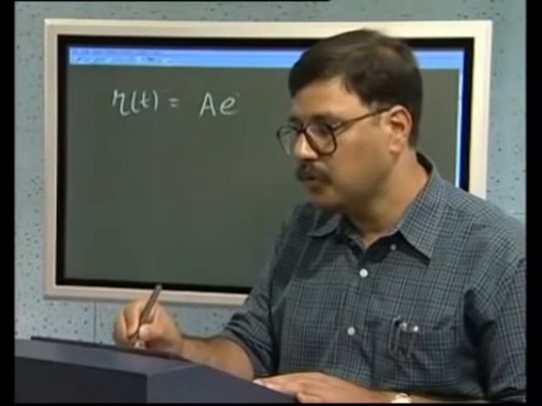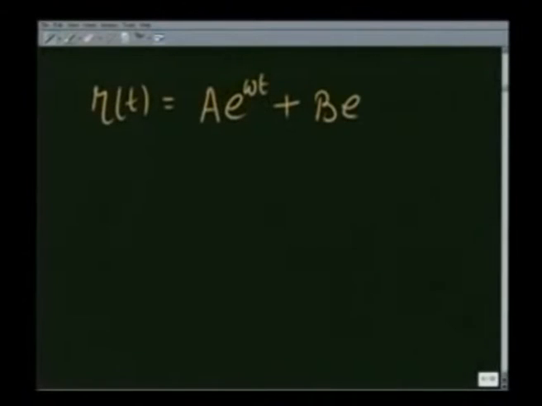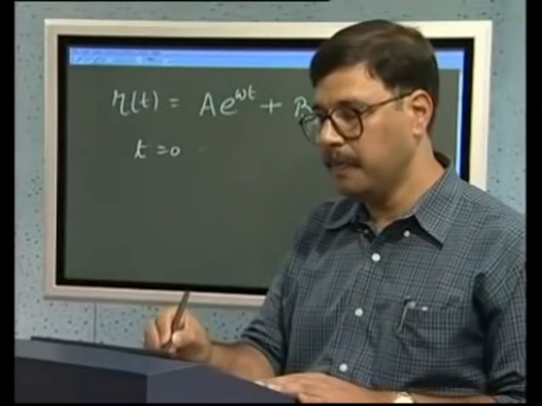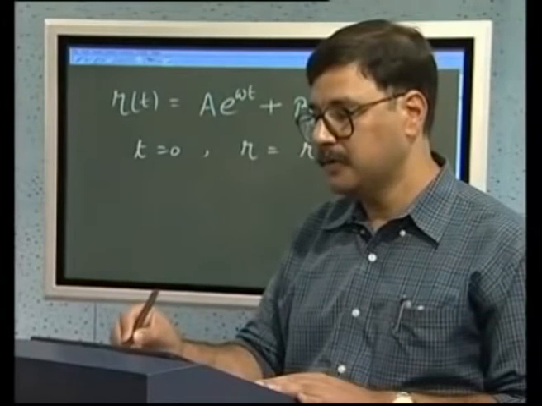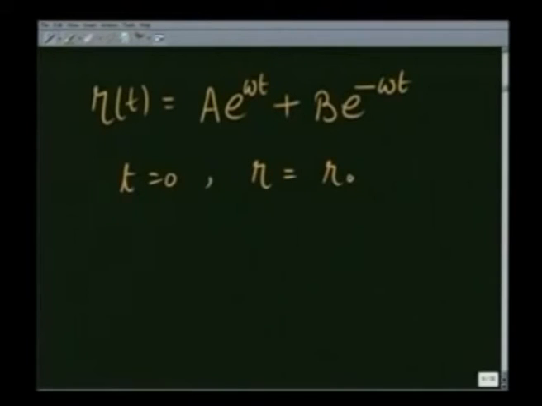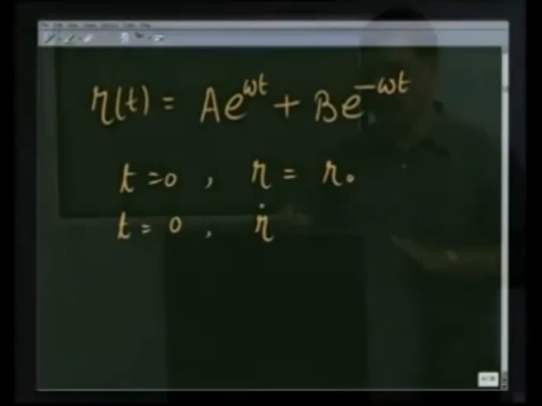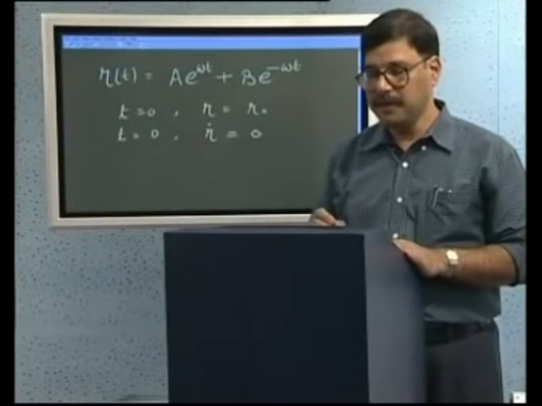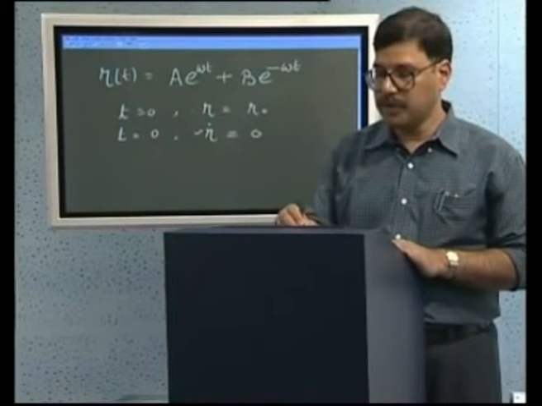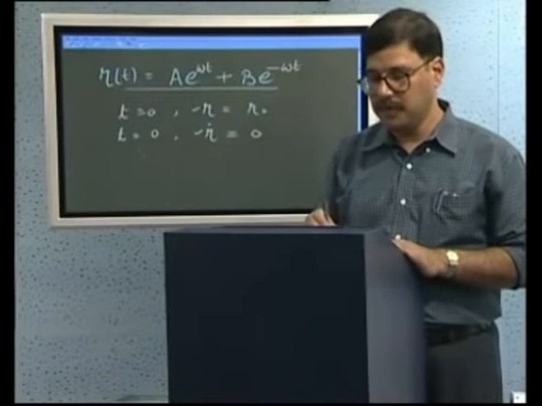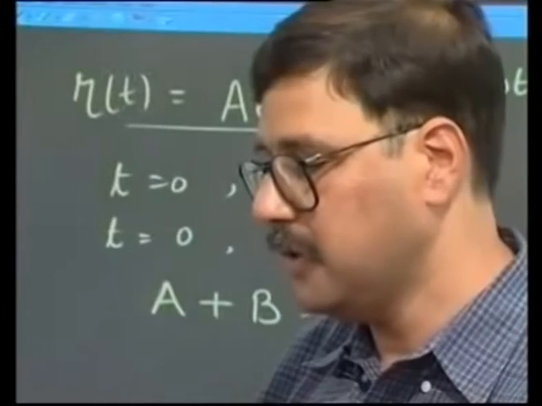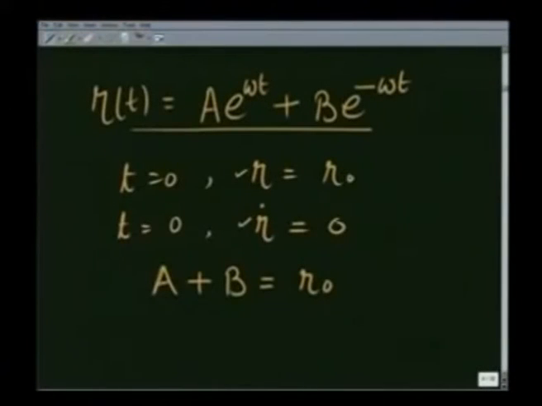So, the solution r as a function of time is a e raised to omega t plus b e raised to minus omega t, and if I am given that at t equal to 0, the particle is at some initial position r0, and suppose it was not moving in r direction, so that r dot was equal to 0, then writing these quantities from this equation at t equal to 0, a plus b is equal to r0, and if I take the derivative, omega times a minus b is equal to 0.